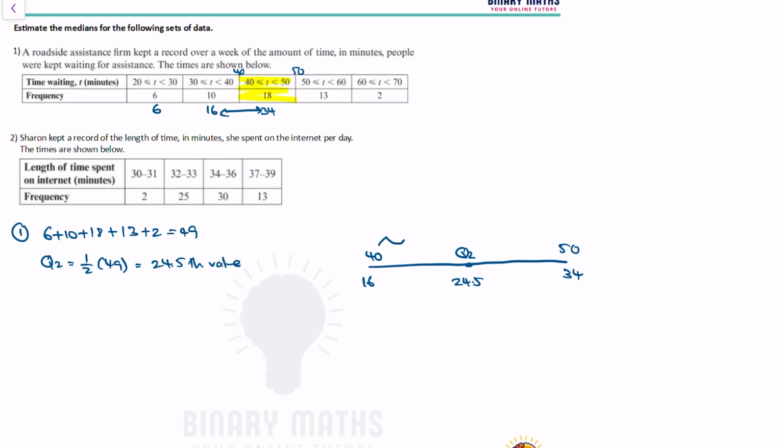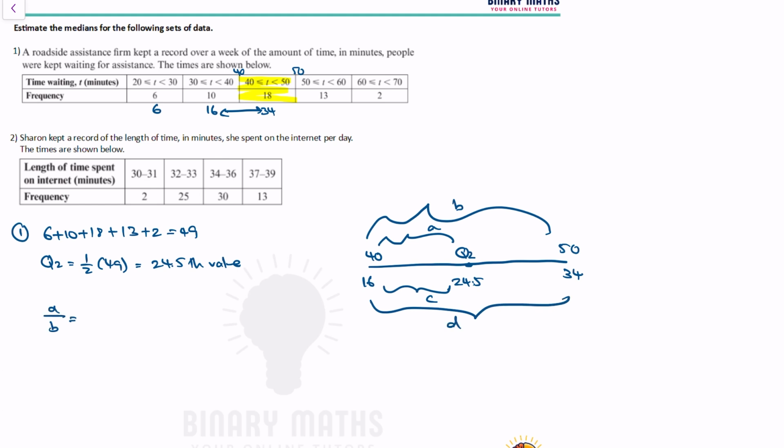So that means A over B must be equal to C over D, which means (Q2 minus 40) over (50 take away 40, which is 10) must be equal to (24.5 minus 16, which is 8.5) over (34 take away 16, which is 18).